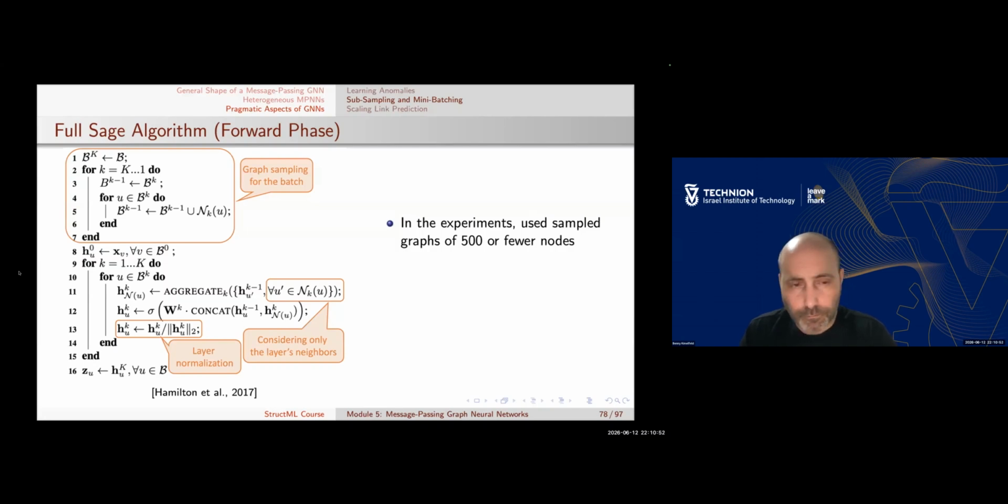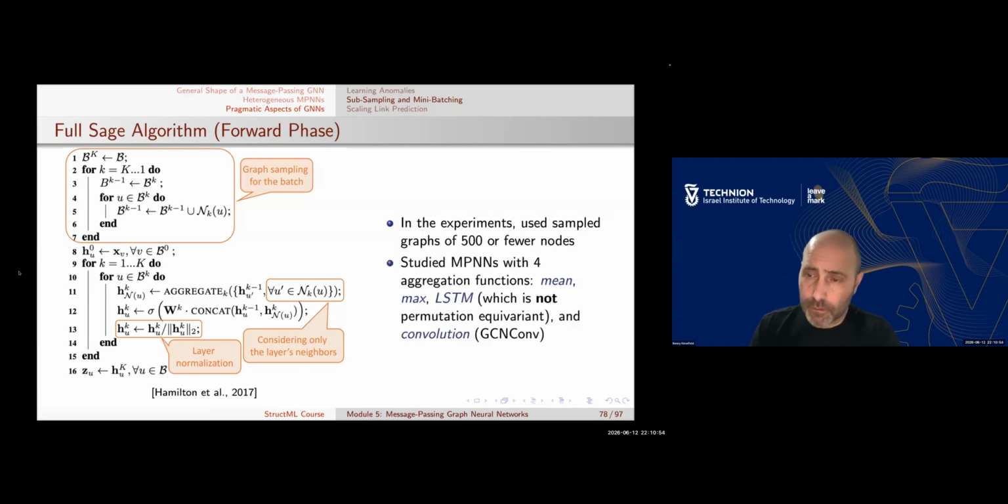They use small graphs as the default of the experiment. They tried this approach with different types of MPNNs with different aggregation functions. Something that is unusual is that they use LSTM. LSTM is a natural language processing technique where basically it does account for the order.